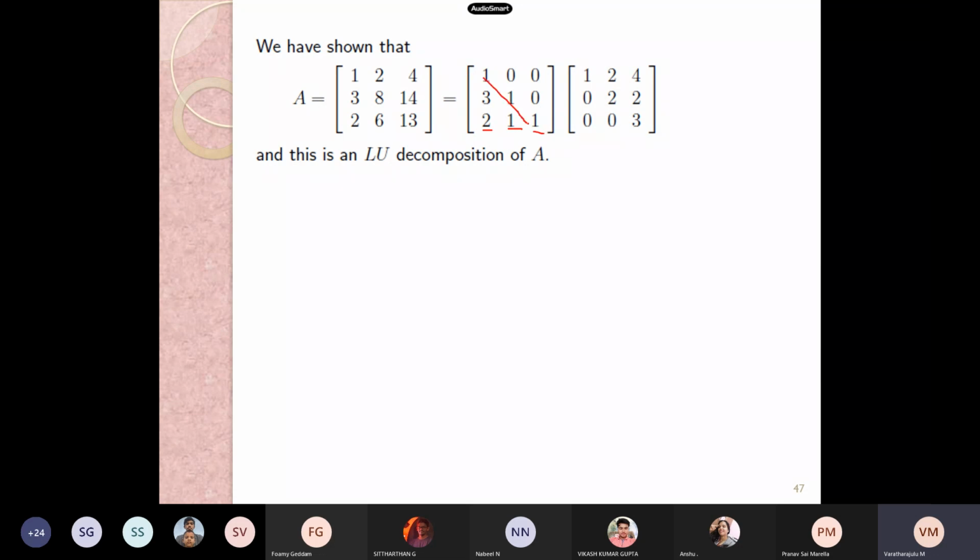This is already 1, and now we applied these terms, that is 3, 2, 1, and we applied the various upper triangular values 1, 2, 4, 2, 2, 3.